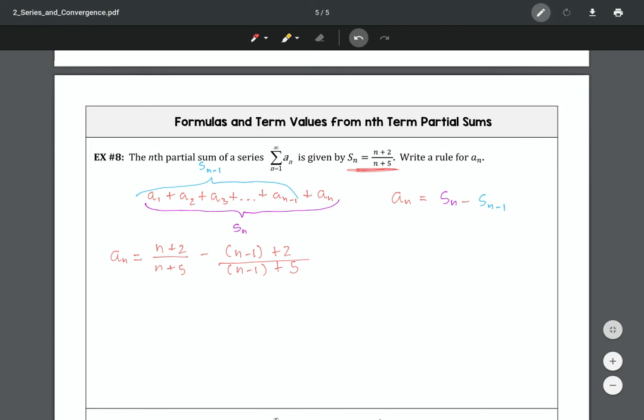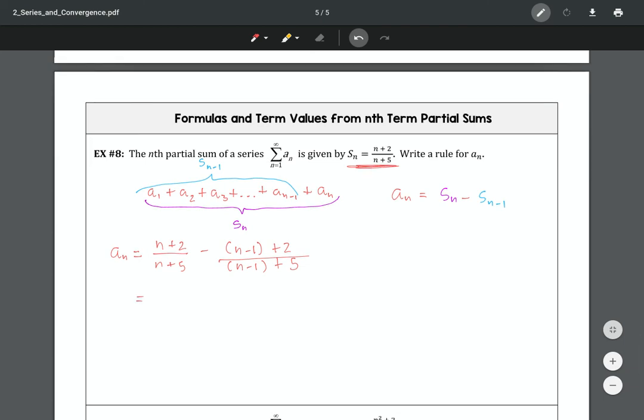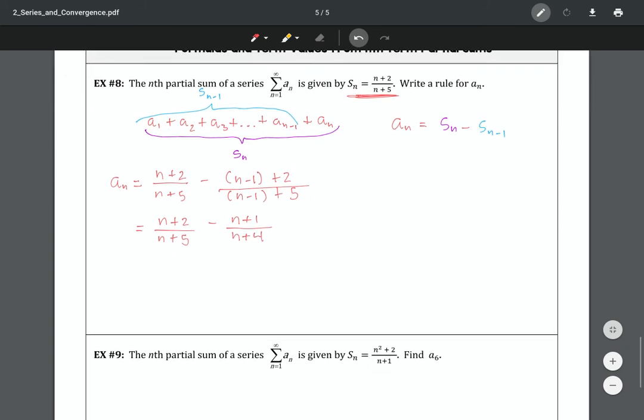And really at that point, I'm just going to go ahead and do the math. I just want to get one single fraction here. So I'm going to find a common denominator.